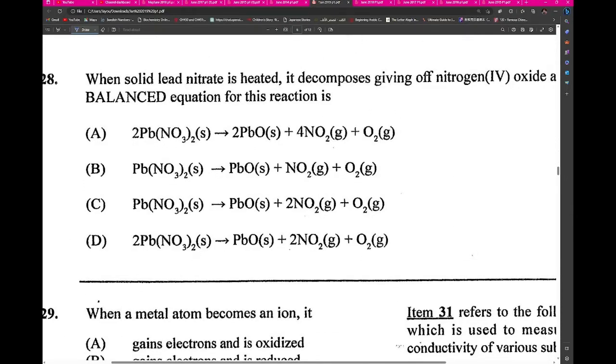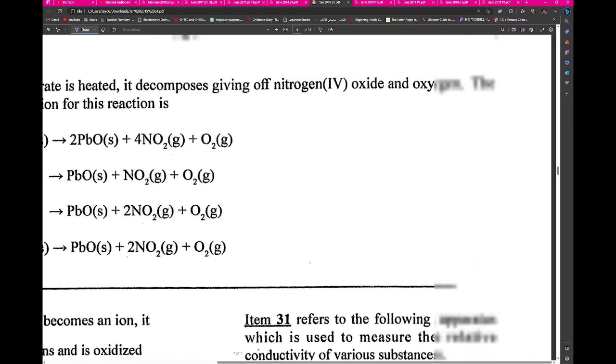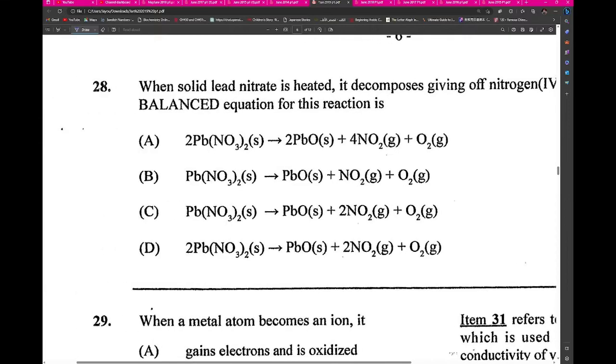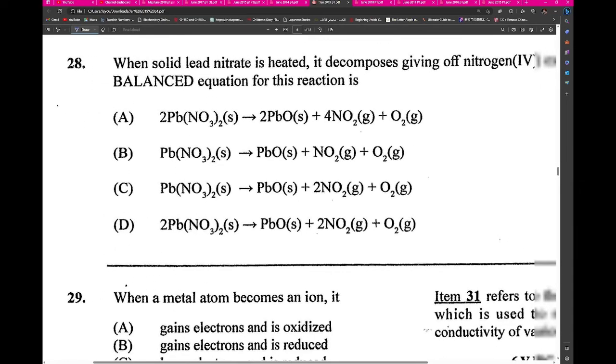When solid lead nitrate is heated, it decomposes, giving off nitrogen oxide gas and oxygen. The balanced equation for this is, right? So looking at lead nitrate, remember what lead nitrate is. We have to know our polyatomic ions. So this is correct, this is correct, this is correct.